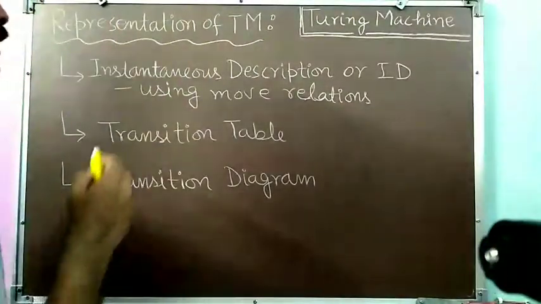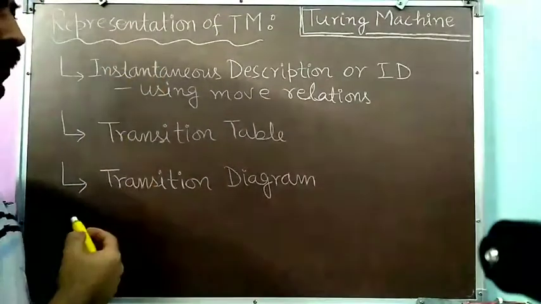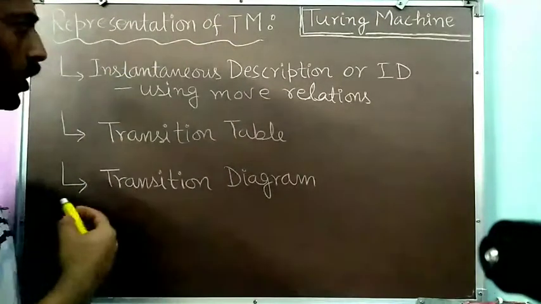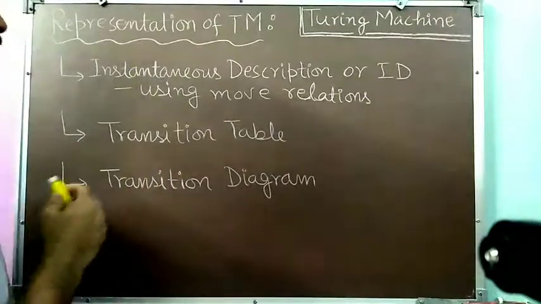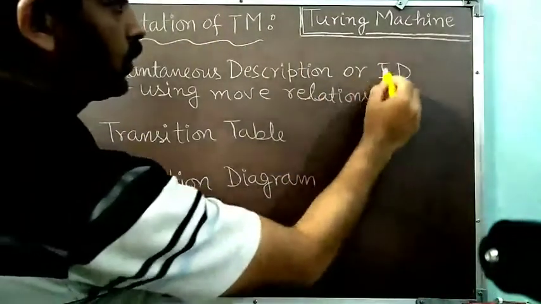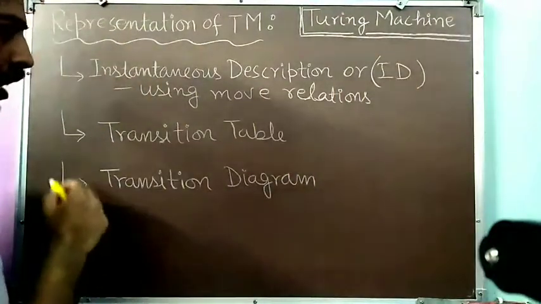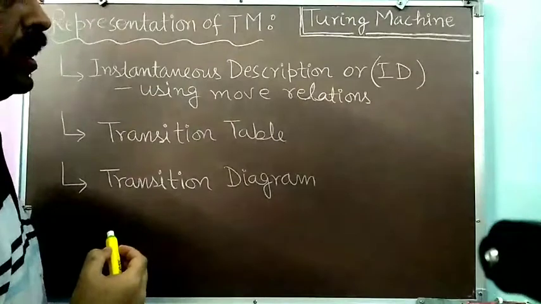Now we will discuss how we can represent a Turing machine. We can represent our Turing machine basically by three methods. Number one is through the instantaneous description, or in short, ID. Second is the transition table, and third is the transition diagram.